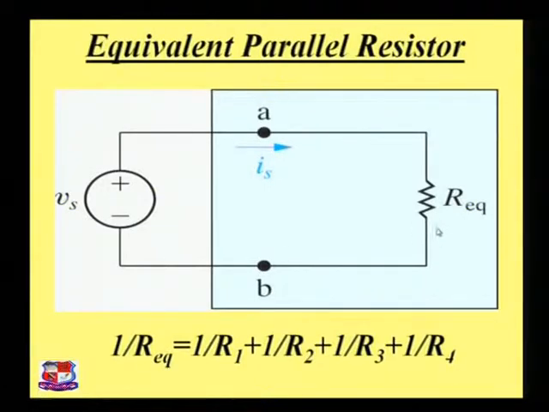To find R eq, the equation used is 1 upon R eq equals 1 by R1 plus 1 by R2 plus 1 by R3 plus 1 by R4. Or if we prefer n resistors, then it goes up to 1 upon Rn. So this is also an important equation to find the resistance in parallel form.